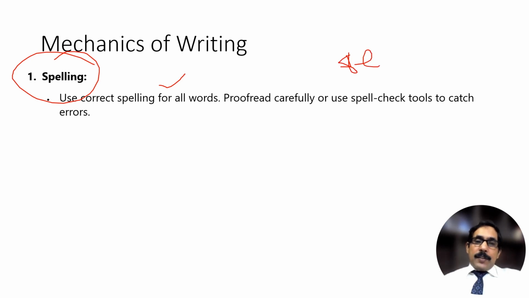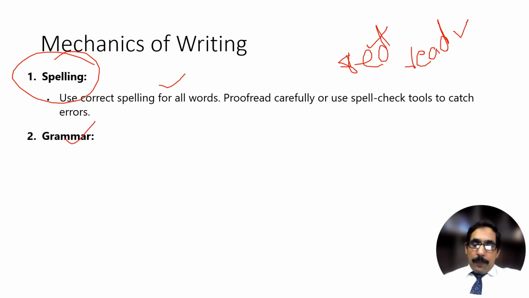There are two words, red: one is the color red and the second is read, the past form of the verb. Both are pronounced similarly. So if you write one, it would mean color and the other would mean the past form of the verb. So taking care of spellings is very important for writing clearly.